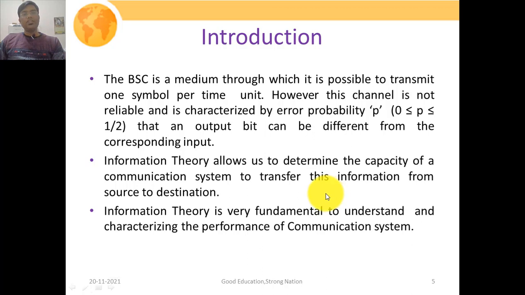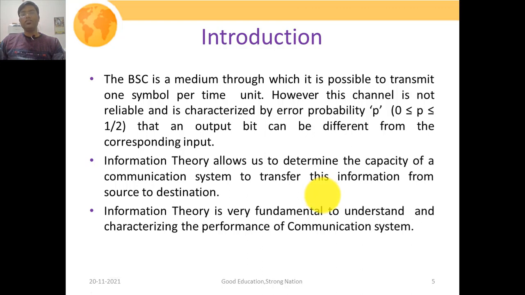So a binary symmetric channel is a medium through which it is possible to transmit one symbol per time unit. As we mentioned, the binary symmetric channel is basically a model of a physical medium through which it is possible to transmit one symbol per unit time. However, this channel is not reliable and is characterized by the error probability P, since the channel is not reliable due to the impact of noise and several other impairments associated with the hardware.